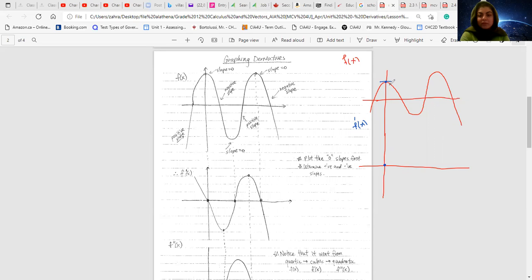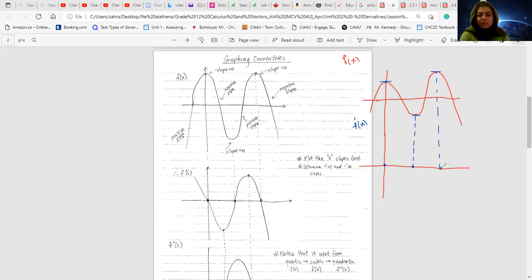Thereby f prime is 0. Of course, at a maximum and minimum, the tangent line is horizontal and the slope is 0. My first derivative here is going to be 0. Same thing here: the tangent line is horizontal, the slope is 0.